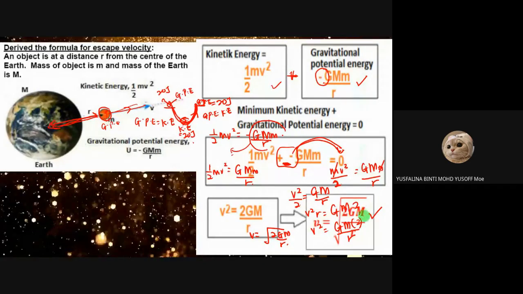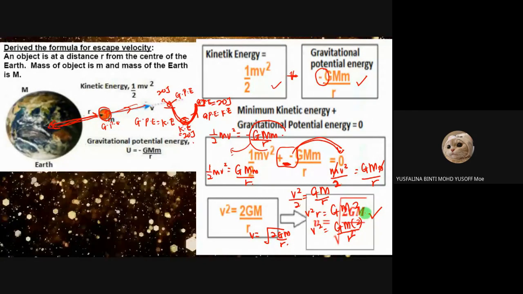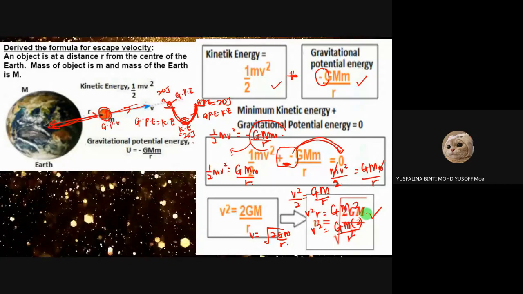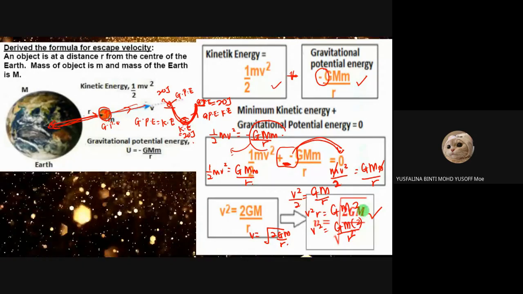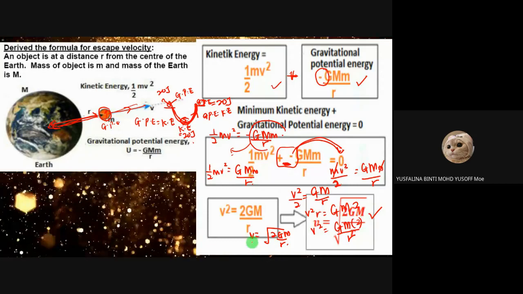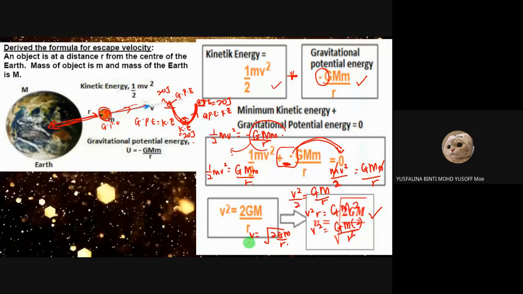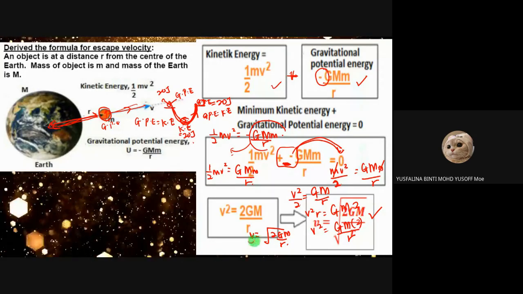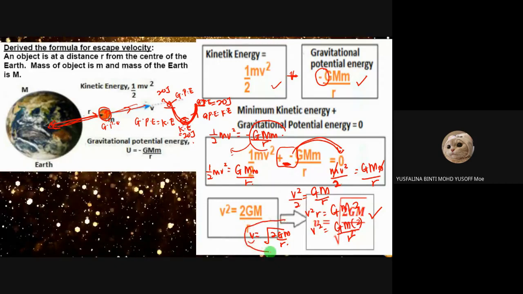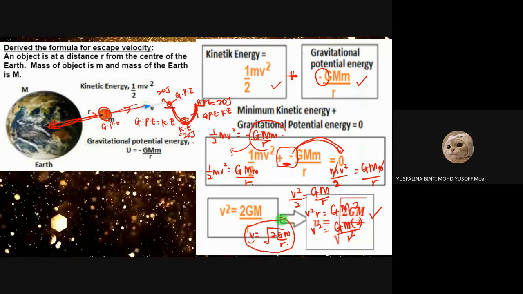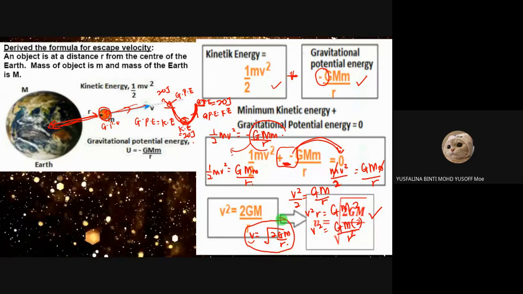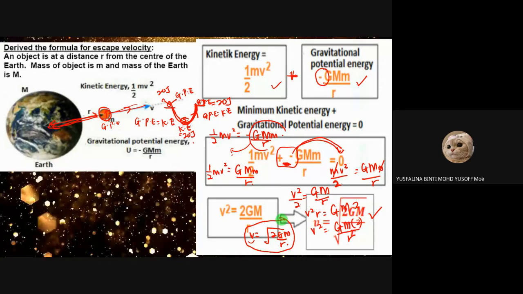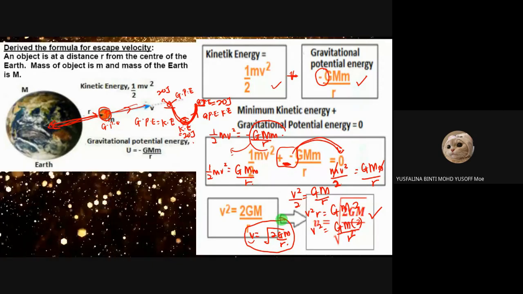So let's say you want to keep an object rotating at a certain orbit so that it will not fall to the earth. You have to calculate the minimum escape velocity by using this formula. Just now, the linear speed was only to calculate the speed of the satellite when it already orbits the earth.